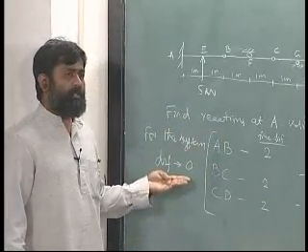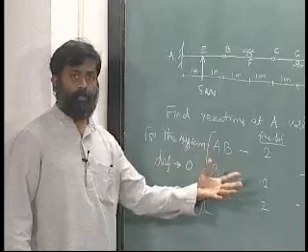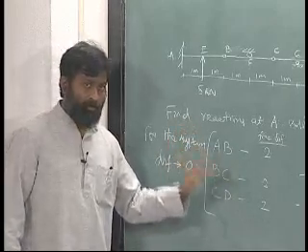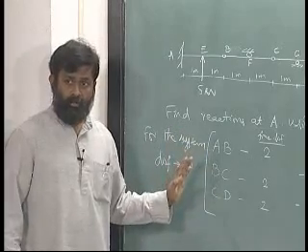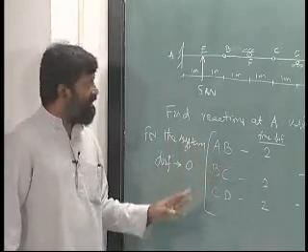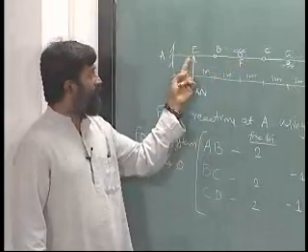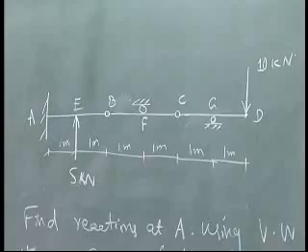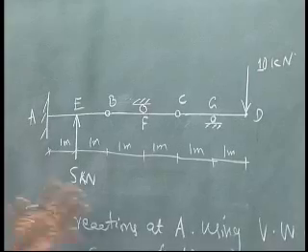Okay. Mind you, this way of doing should be done with caution. There are certain problems you will face, but I am not talking about it right now. For example, if this support had been over here, it is a completely different story. Okay. I am not going to talk about it in this particular problem.